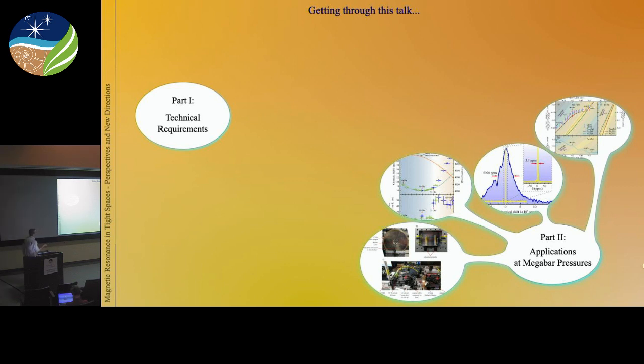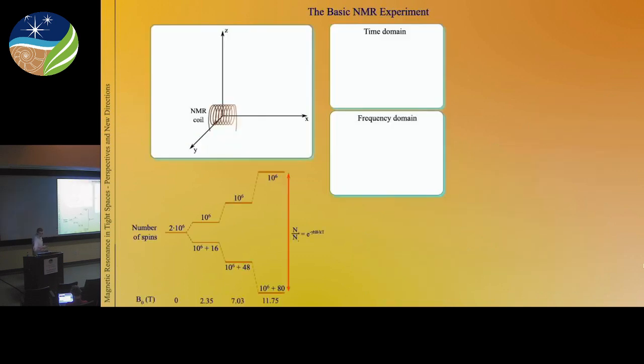Then I want to briefly go over first homonuclear decoupling experiments, a step towards high resolution NMR, then something about our preliminary results on high pressure hydrogen, and in the end I want to talk about our recently developed tabletop NMR system. So let's directly start.